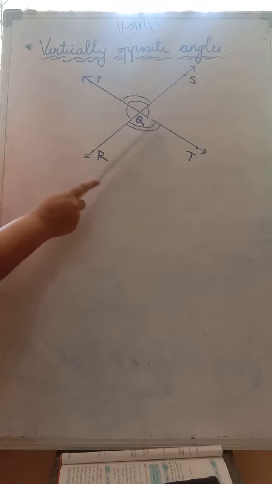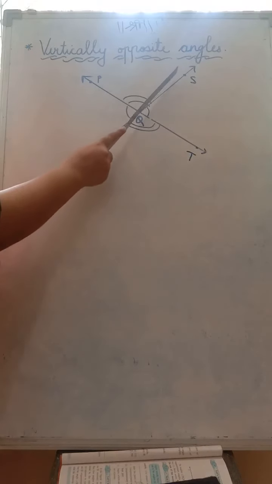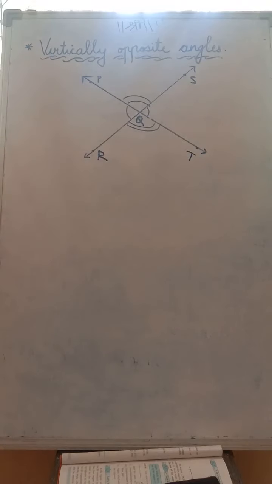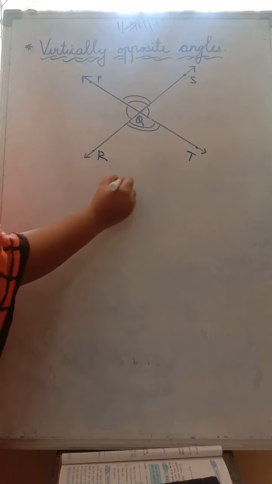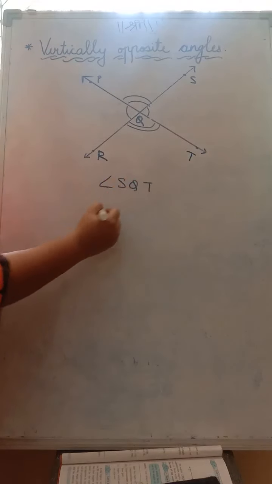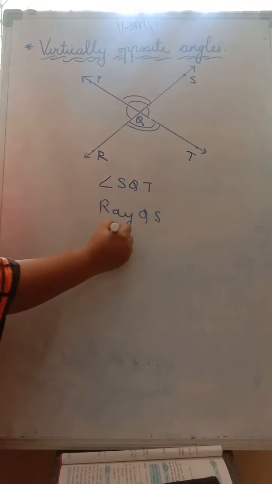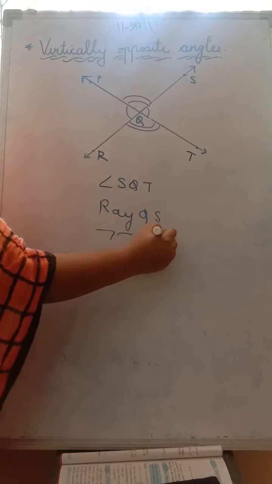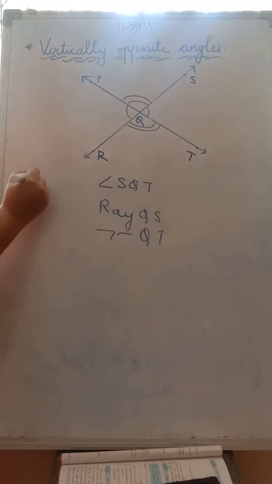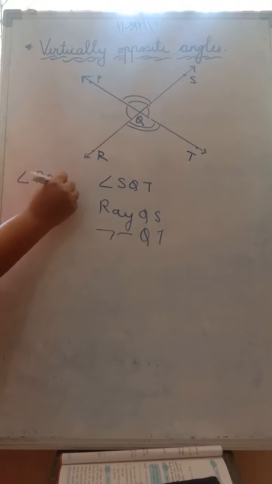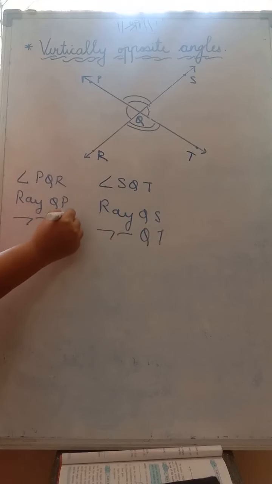And because of these two rays, which angle is formed? Yes, angle SQT. So angle SQT is formed because of ray QS and ray QT. And angle PQR is formed because of ray QP and ray QR.